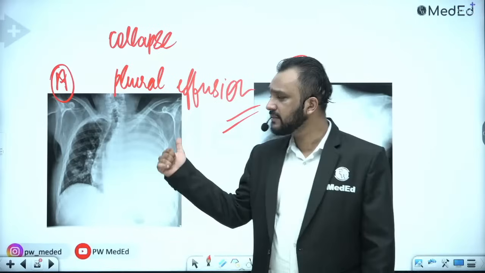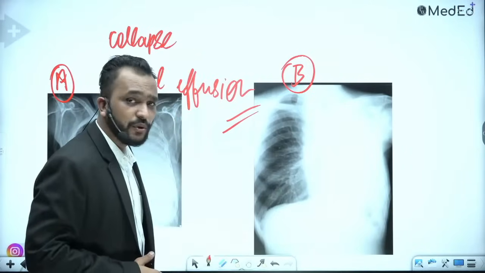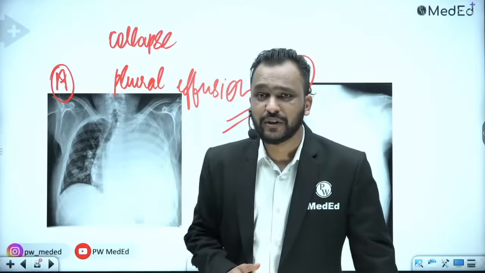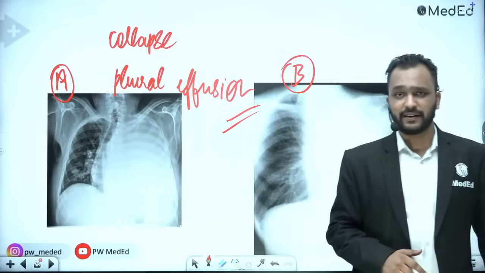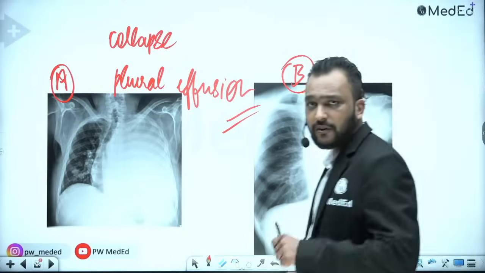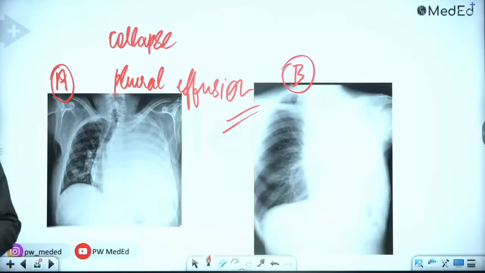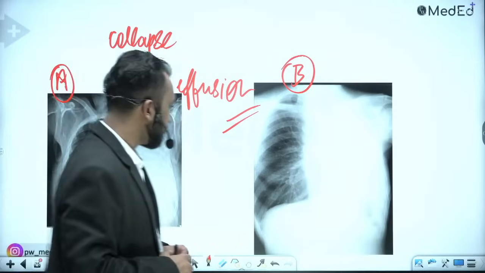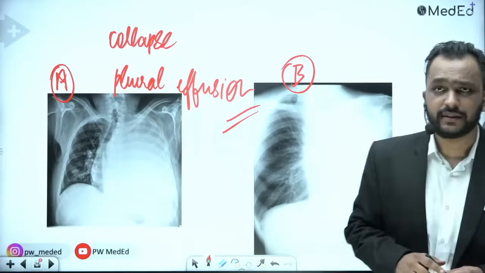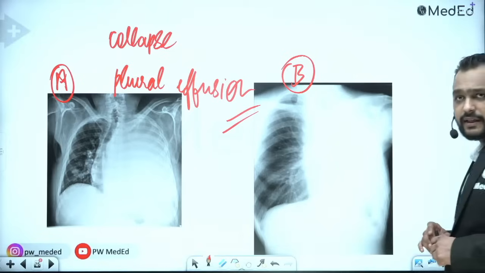Out of the X-rays A and B, which one is showing pleural effusion and which is showing collapse of the lung? Anyone, any cases? I want every one of you to answer. Dr. Sachin is saying A is pleural effusion. Dr. Yashwant is saying collapse is seen in the B. Dr. Yuvraj, A pleural effusion.